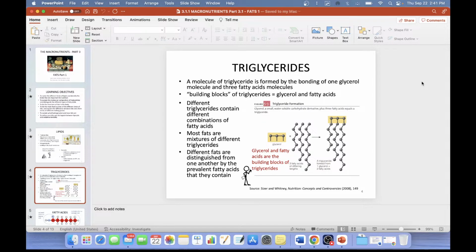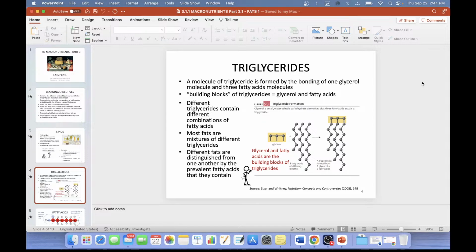While in a fat you always have different kinds of fatty acids, there will be one kind that is more prevalent than the others. You have more of that kind in that fat, and that is what distinguishes the fat and allows the nutritional classification of the fat.